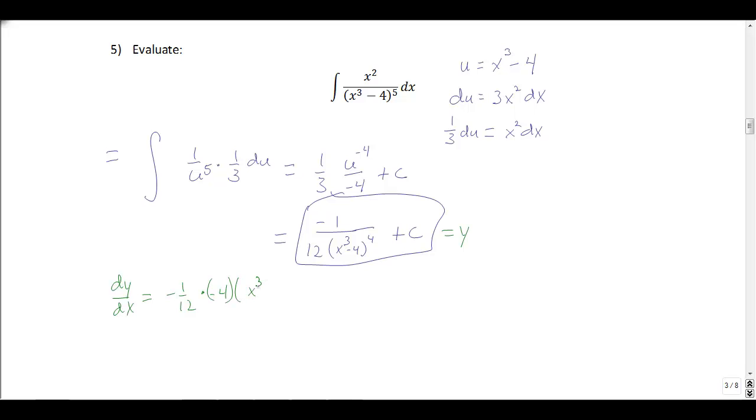And then I get (x cubed minus 4) to the, let's see, subtract 1 is negative 5. And then multiply by the derivative of the inside, which is 3x squared. 3 times 4 over 12, those all cancel. The negatives cancel out. And I am, in fact, left with x squared over (x cubed minus 4) to the 5th. So that did check out.